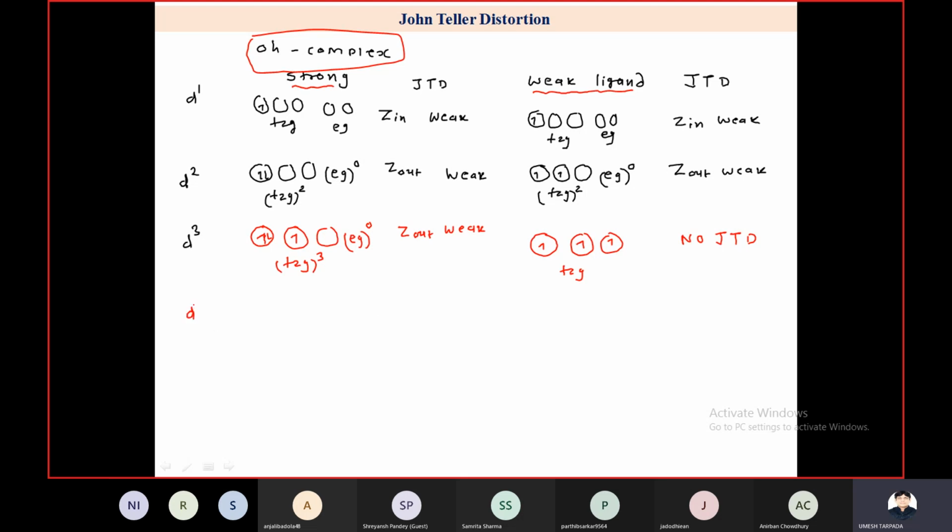What about D4? Let's see D4. Here it is T2G4. It is a Z in. EG remains vacant. So Z in with weak Jahn-Teller distortion. What about a high spin complex?